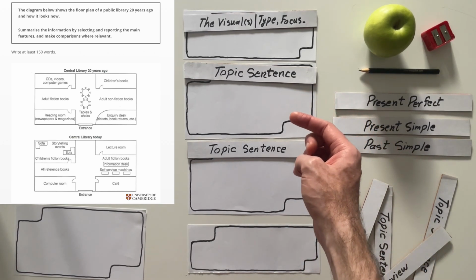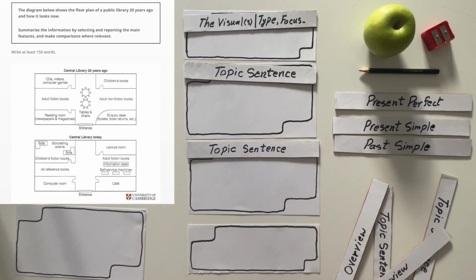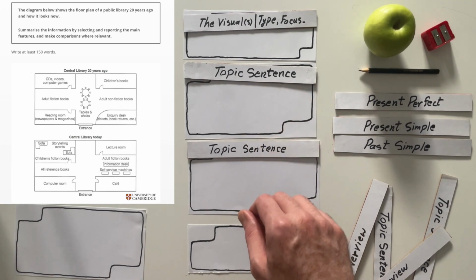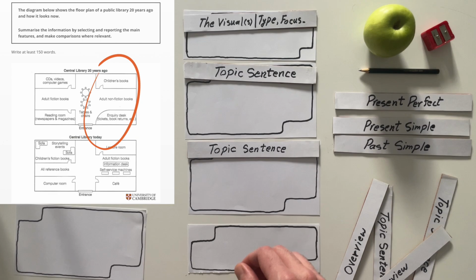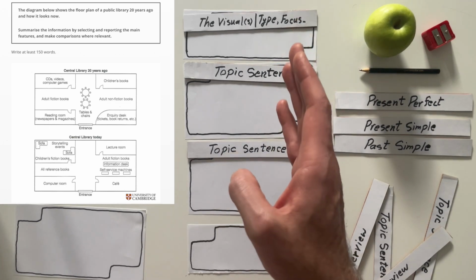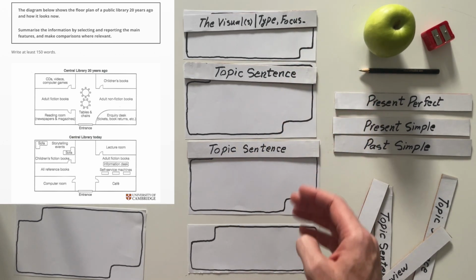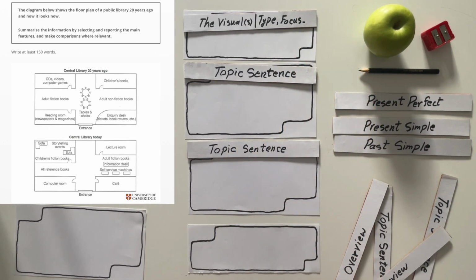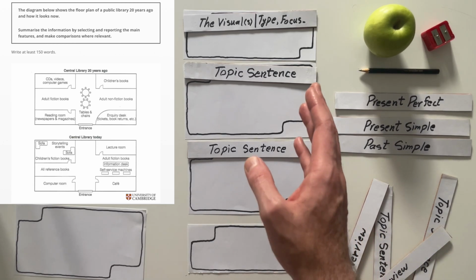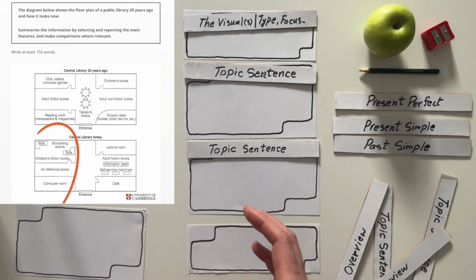children's fiction books, it was on the top right corner. If you look at it from the entrance, it's at the end of the hall on the right. But now children's books are on the left-hand side.